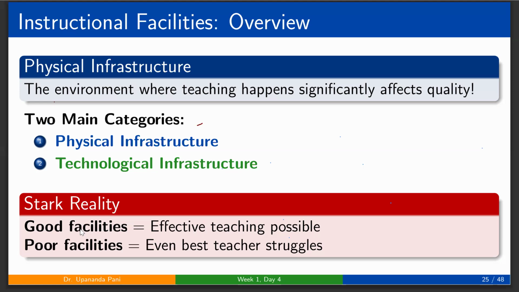But what we are saying is that if good physical infrastructure is in place, then effective teaching is possible. Then next is poor facilities. Let's say there is very poor physical infrastructure. Even the best teacher will struggle to deliver.